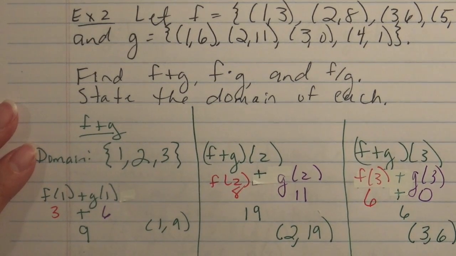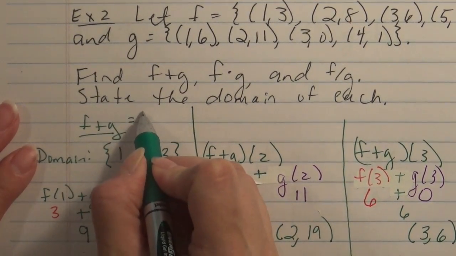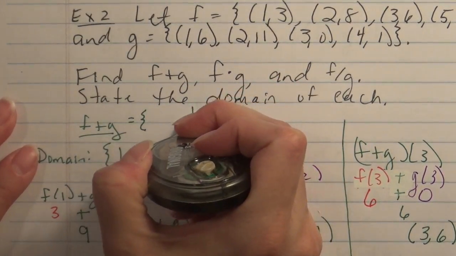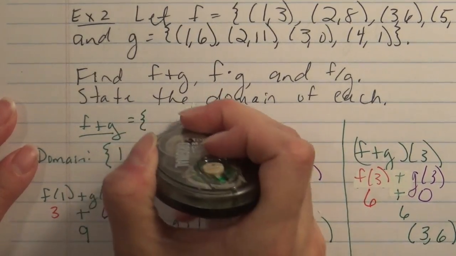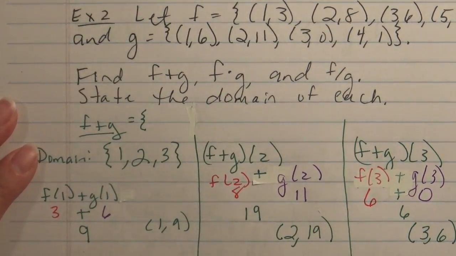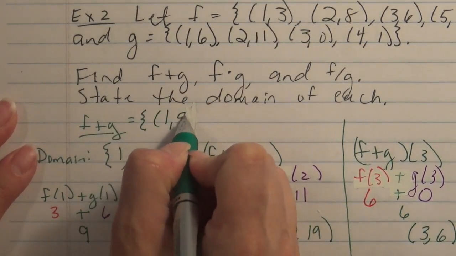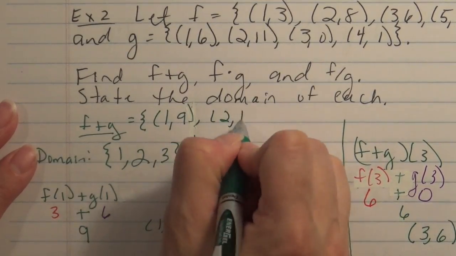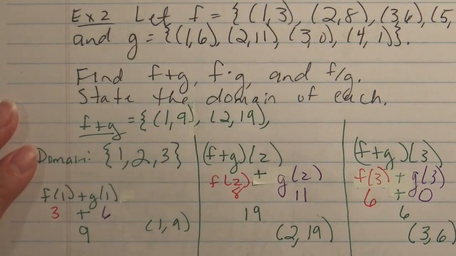So we have found that f plus g is equal to the set of ordered pairs (1, 9), (2, 19), and (3, 6).